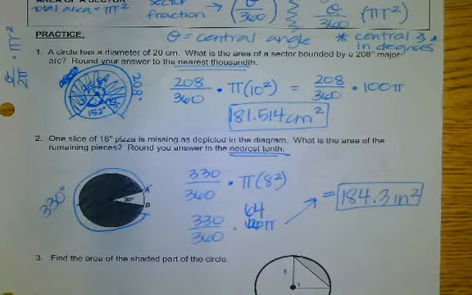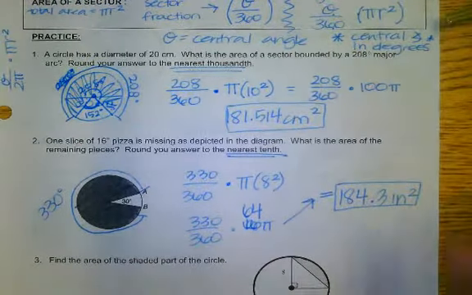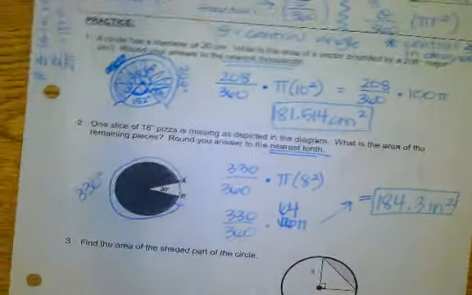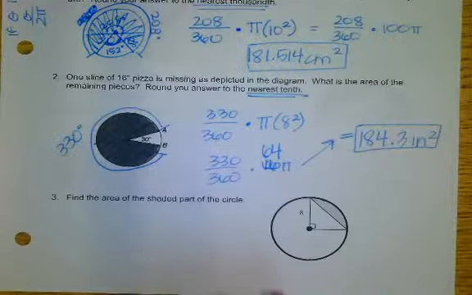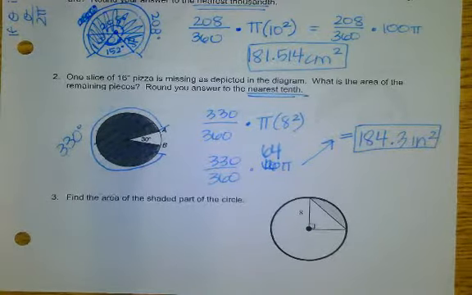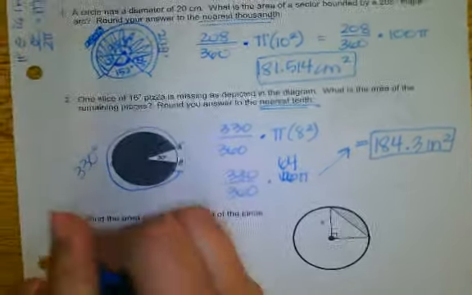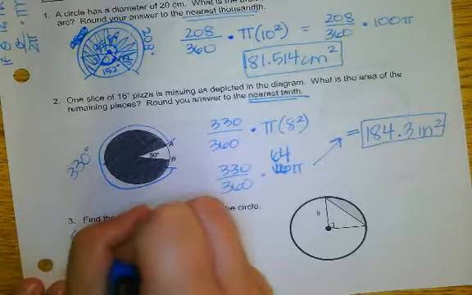Next one. Find the area of the shaded part of the circle. How are we going to find the area of the shaded part? Find the sector fraction and then subtract the area of the triangle. Very good. So you're going to have area of the sector minus area of the triangle.